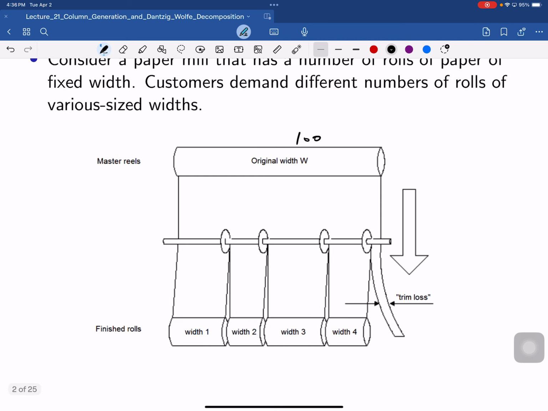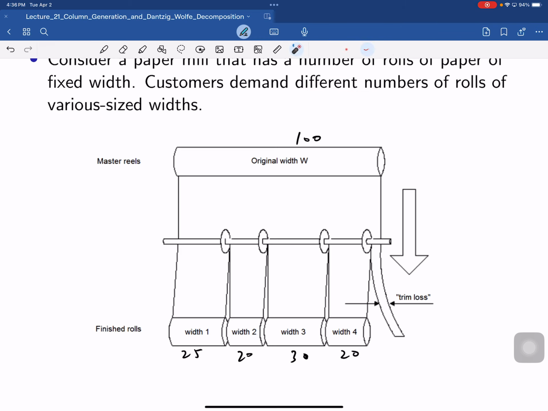And for those small paper rolls, let's just give some random numbers: 25, 20, 30, and then, let's say 20 again, right? So you want to cut this 100-inch paper roll into those smaller paper rolls, right? And then the customer demand is different numbers of rolls of various sizes.